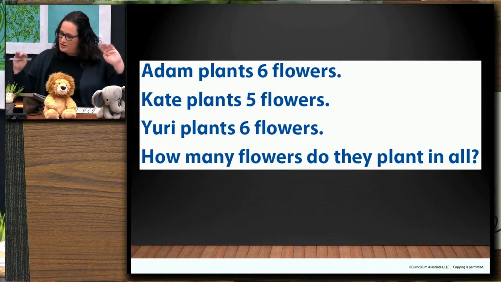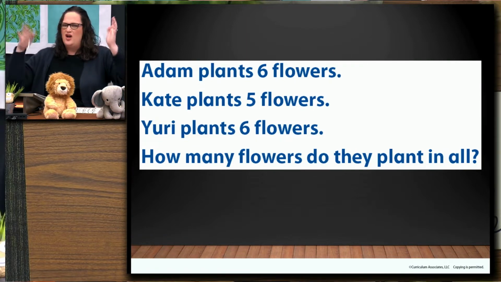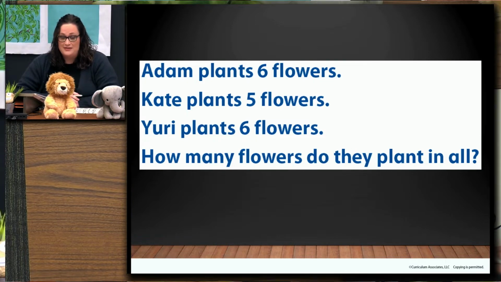I want you to close your eyes and I want you to ask yourself, what's happening in the story? Adam plants 6 flowers. Kate plants 5 flowers. Yuri plants 6 flowers. How many flowers do they plant in all? So what's happening in this story?